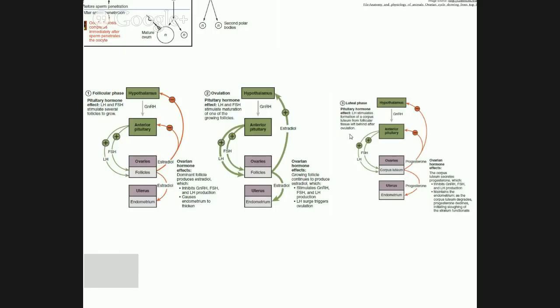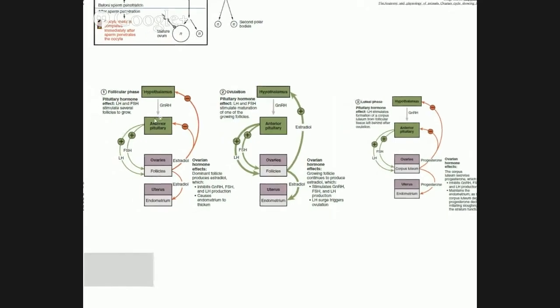There's actually three things here, three different graphs or figures, because they're showing three different parts of the process. A little cutoff on the screen here. But we start with the follicular phase, which means the first half of the process.